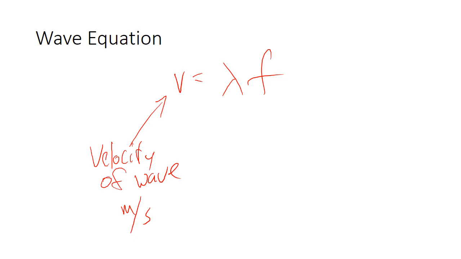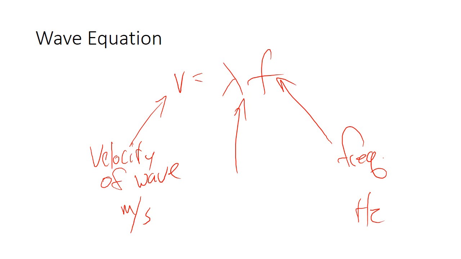Now F should be familiar. F is frequency. Frequency is measured in hertz, so it's how many waves per second. And this guy right here is a lowercase lambda. I know what else it's used for too, but in this case, it's used for wavelength. Wavelength is measured in meters.